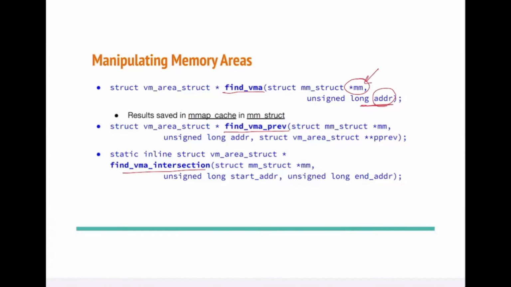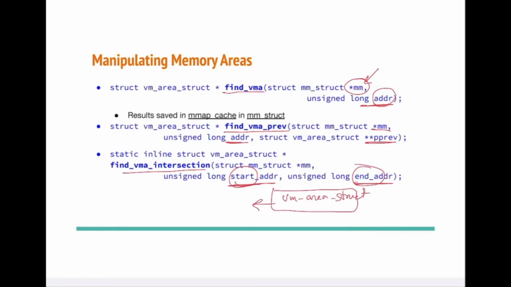Similarly, we have similar variables for the other functions. Here it will return the first address space that is intersecting between the start and the end address. If there is some memory area in between, it will return the address of this particular VM area struct.